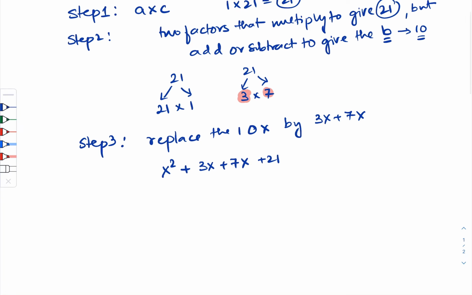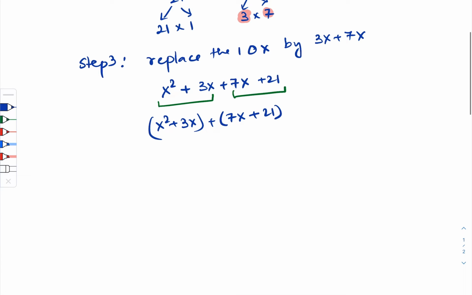Once I have this, this expression becomes an expression with four terms, which means I can create pairs and factor by grouping. So group 1 and group 2. Let's put the first two in parentheses, and the second two in parentheses.